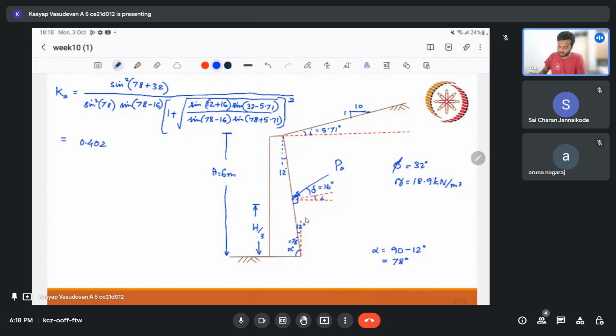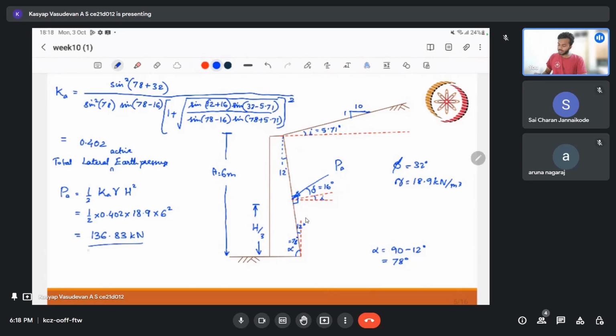Then everything else is the same as we had done before. So our total active lateral earth pressure Pa is equal to half into Ka gamma H square. So this is half into 0.402 into gamma, 18.9, into H square, 6 square, so we have 136.83.